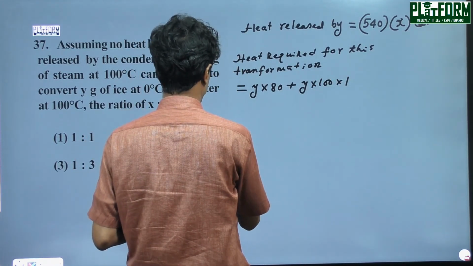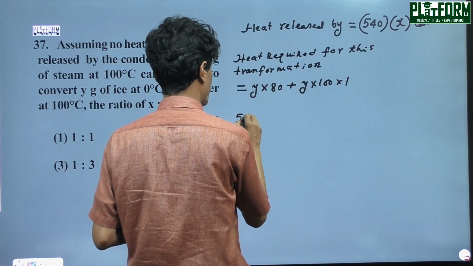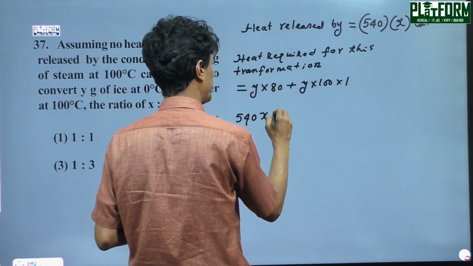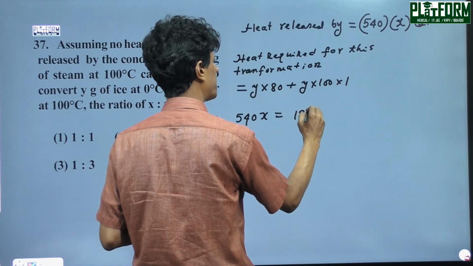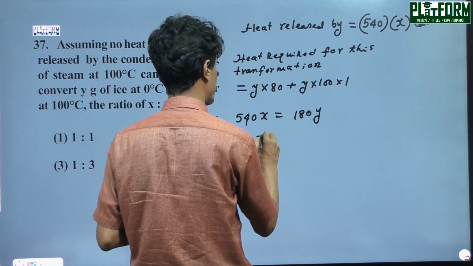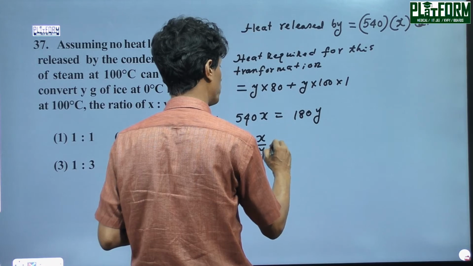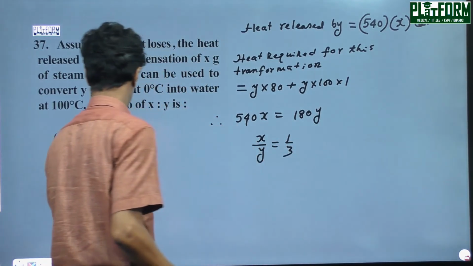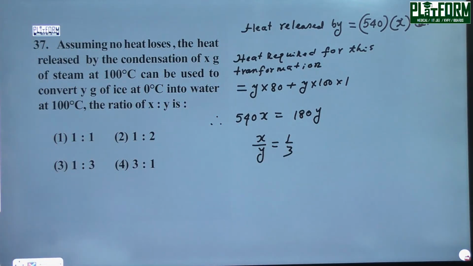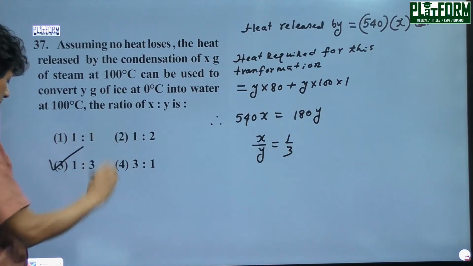So according to the question, 540X equals 180Y, and we can say X by Y is equal to 1 by 3. Right option is 3.